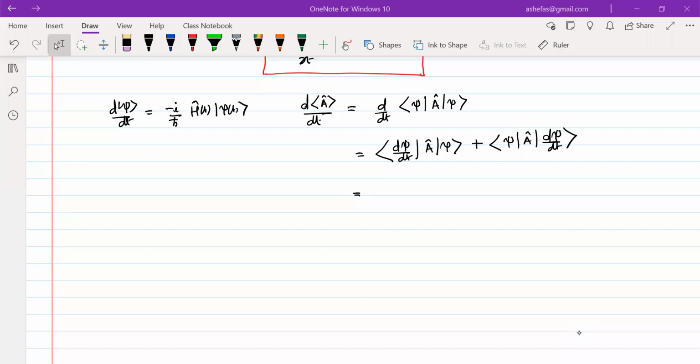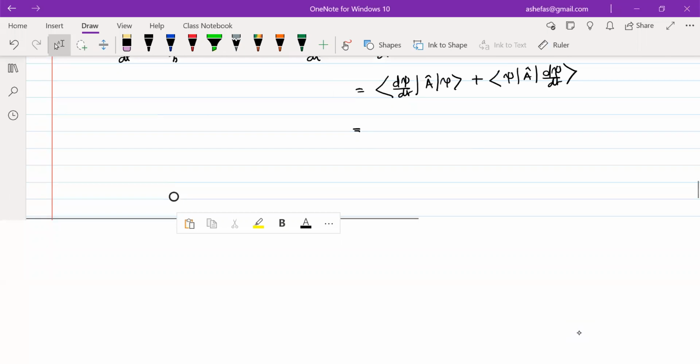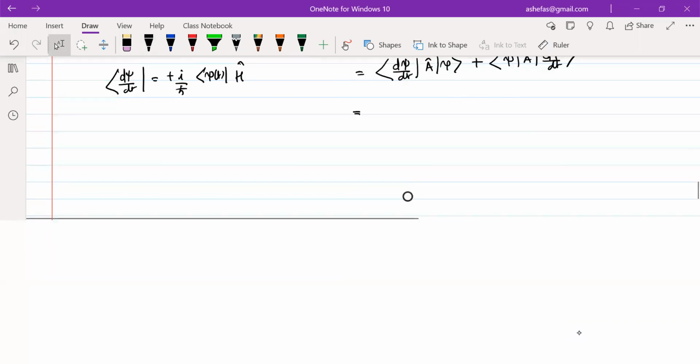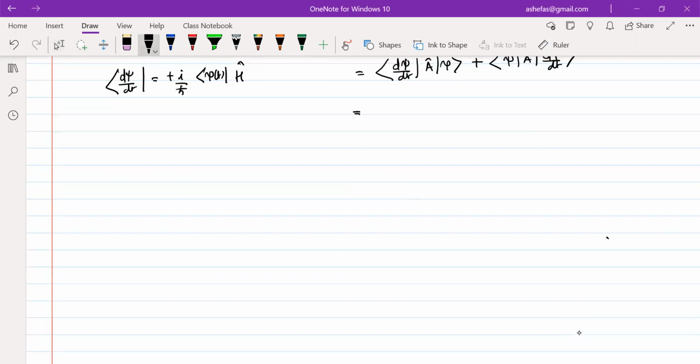Then the bra d psi by dt would be plus i by h cross psi of t H.